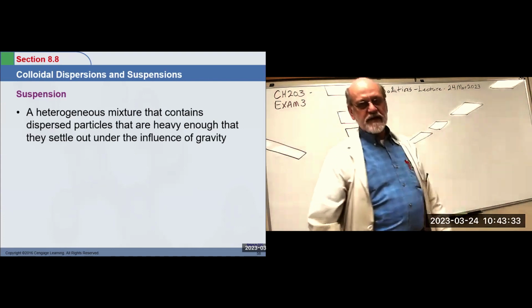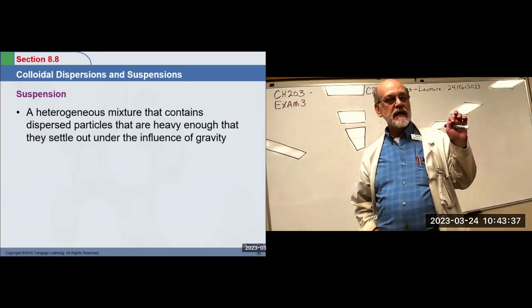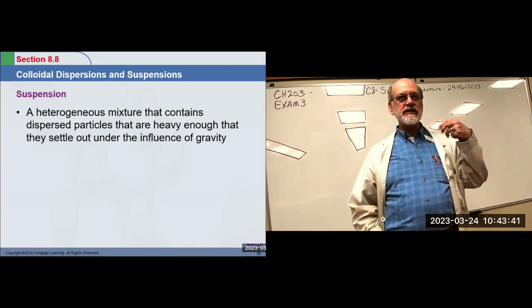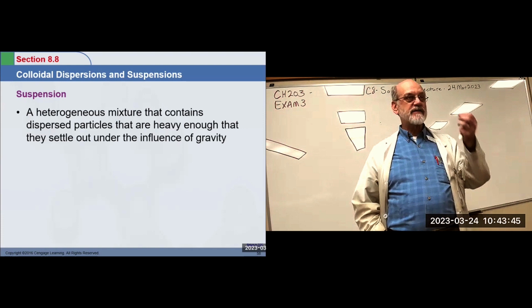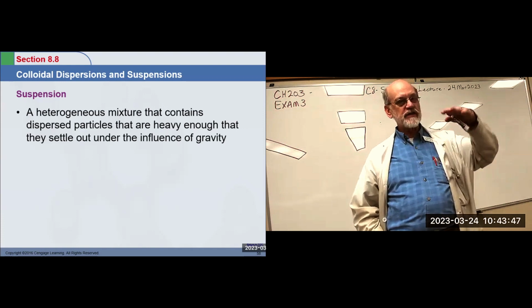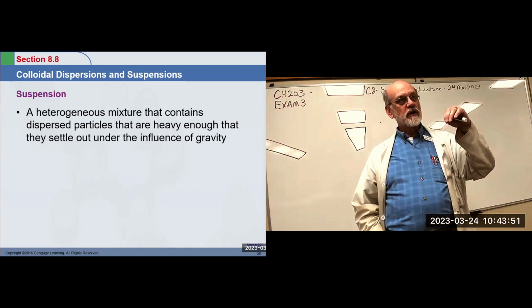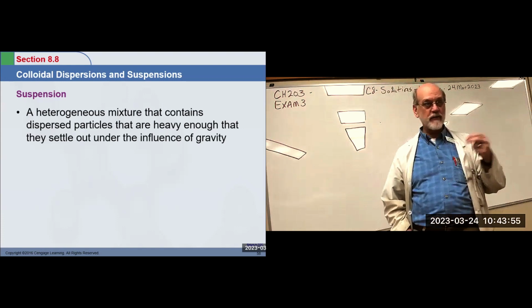So a suspension is one in which the dispersed phase particle size is too large to stay suspended. It can't form a colloid. So a suspension will eventually settle out. Some of them may take a long time. Some of them may happen really quick.